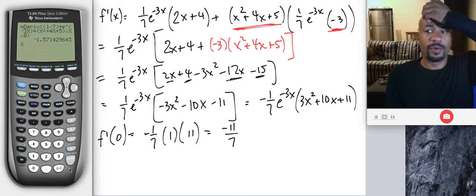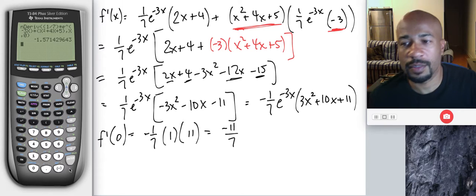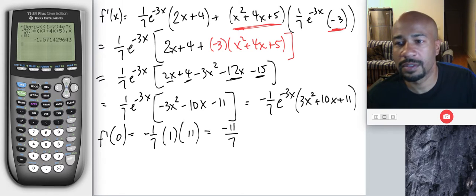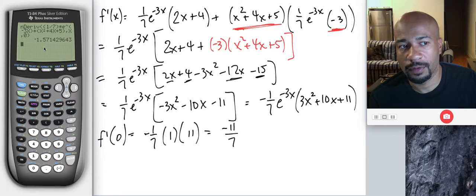And I get negative 1.57. So I know it's something over 7 because of the terminating of this decimal right here. It just has that pattern of it being over 7.